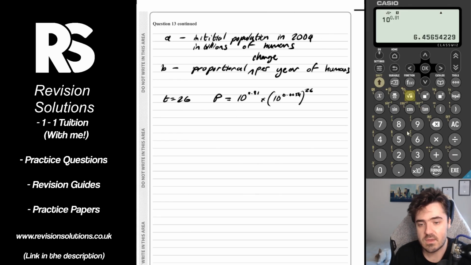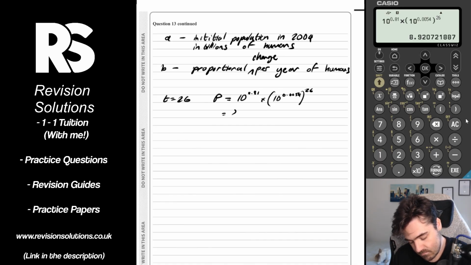So plugging that in the calculator, so 10 to the 0.81 times, open bracket, 10 to the 0.0054, all to the power of 26. That gives us 8.92 billion humans.